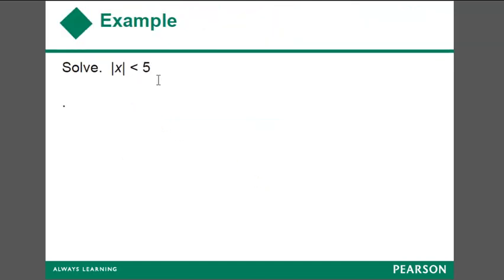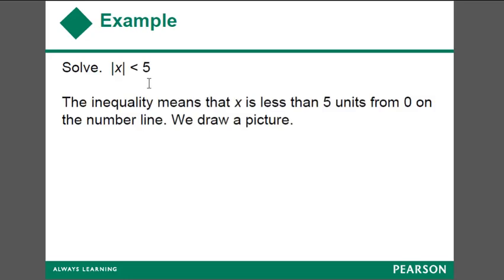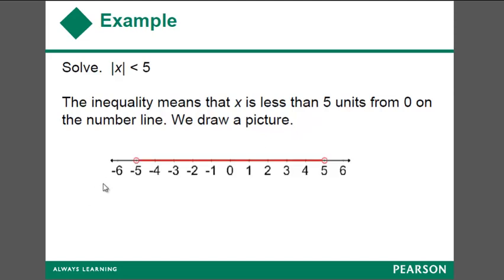So if I have the absolute value of x is less than 5, the inequality means that x is less than 5 units from 0 on the number line. So we draw a picture. It's 5 units on the number line, which means that x is between negative 5 and positive 5.